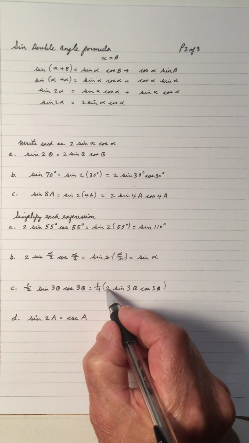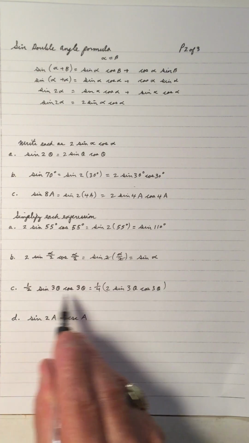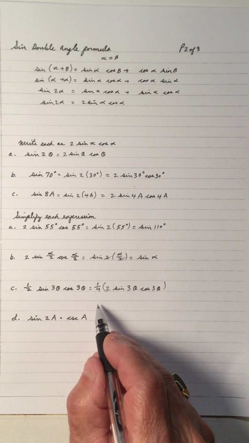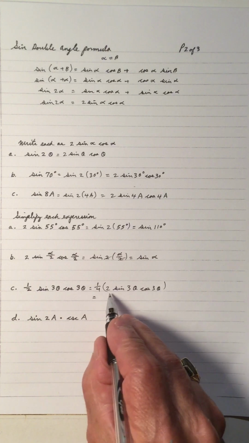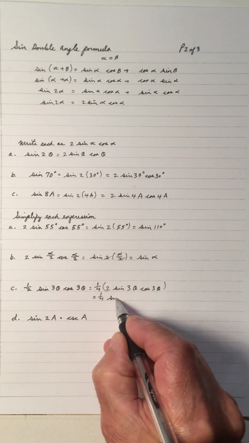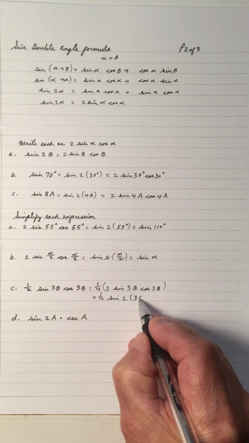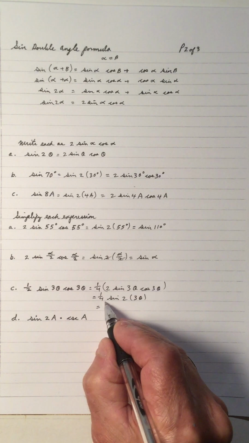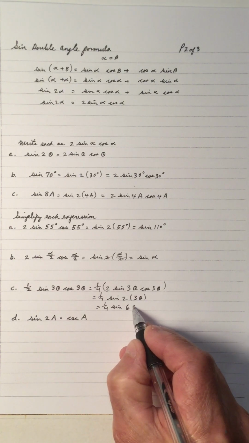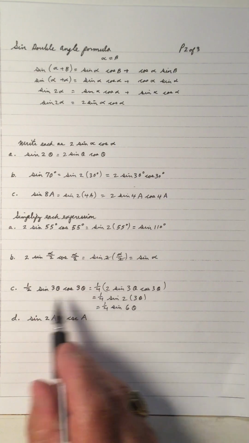So 1/4 times 2 becomes 1/2. The half is changed to 1/4 times 2. This is the sine of 2 times the angle, which is 3 theta, so that becomes 1/4 sine 6 theta.